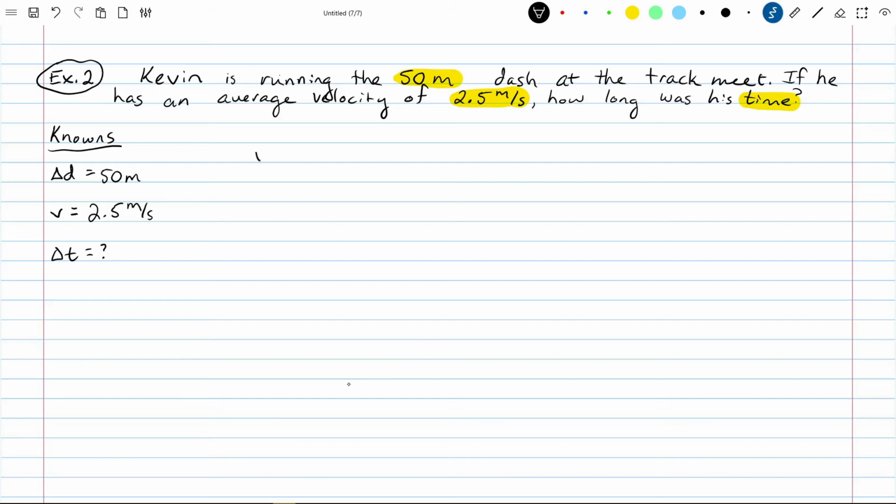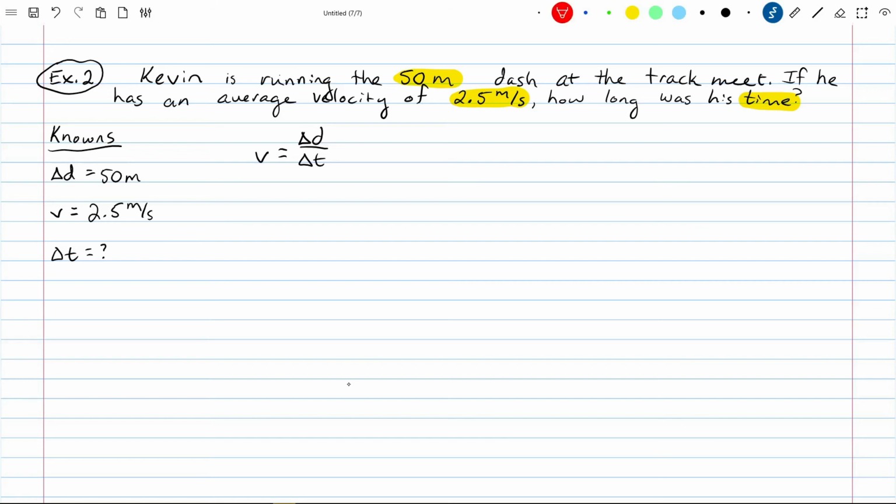First things first, always write your base equation by itself. No numbers, no rearranging. Always step one. Start at your baseline, okay? Now we're solving for the change in time. We need to rearrange the equation such that it'll be delta t equals.